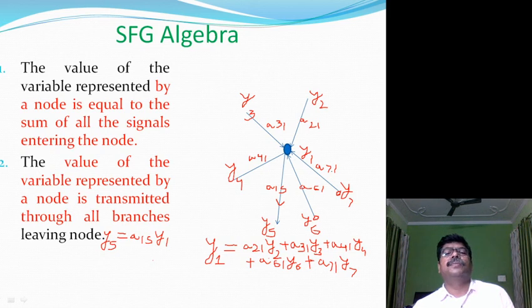So here you can see, as per this, a node is equal to the sum of all signals entering the node.